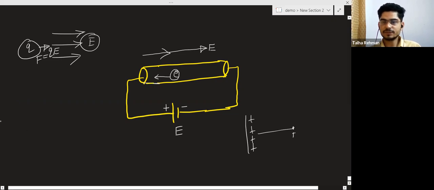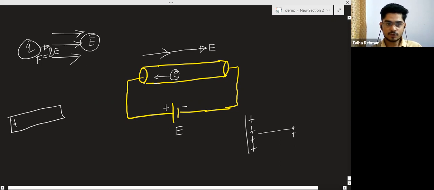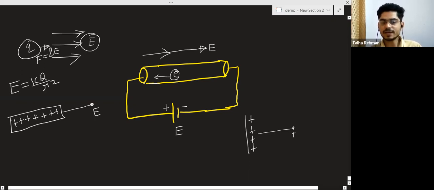In this case, I am saying that here is a positively charged rod and I want to calculate the electric field here. We know the electric field due to a point charge is kq by r square, but this is not a point charge, it's a finite charge.